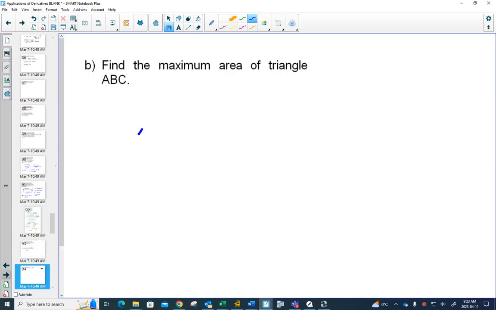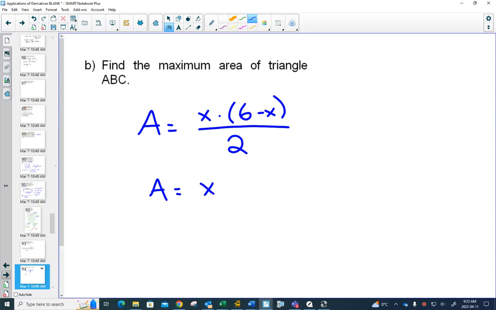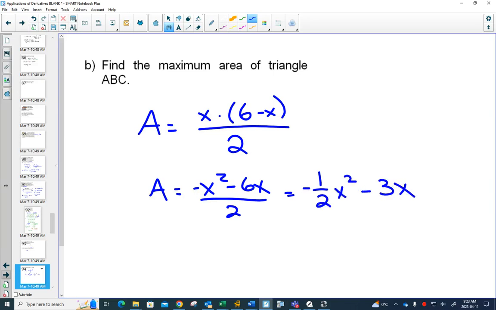Then find the maximum area of a triangle, base times height divided by 2. So we plug in the values that we have here, multiplying this out. And now we start to use our algebra skills to be like, well, what's going to be nicer for me to do the derivative?